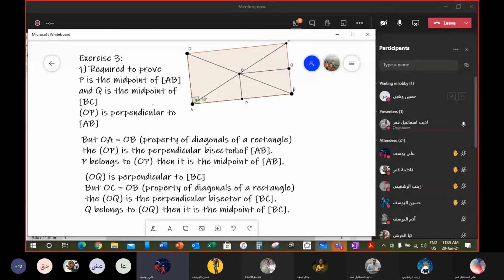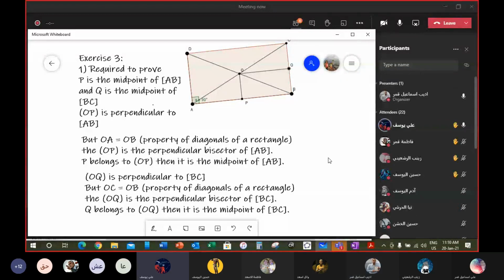ABCD is a rectangle, given. So the perpendicular bisectors of the opposite sides are the axes of symmetry. Very good. Then BP equals PA. Therefore you need to say which is the perpendicular bisector.